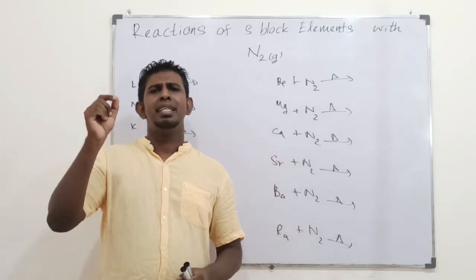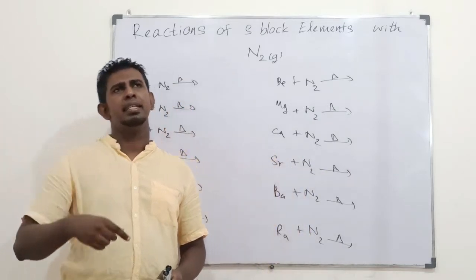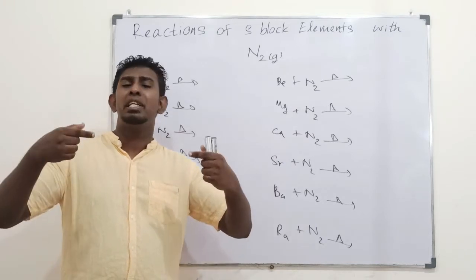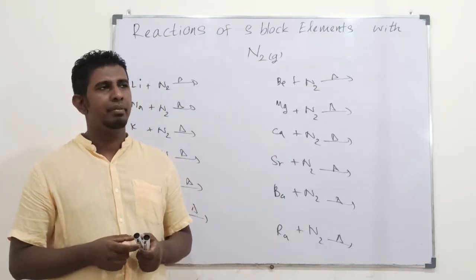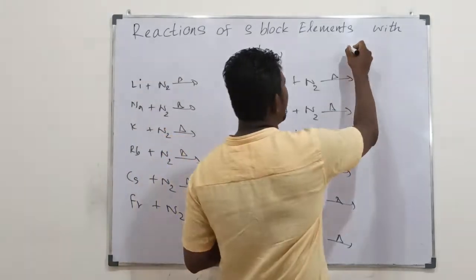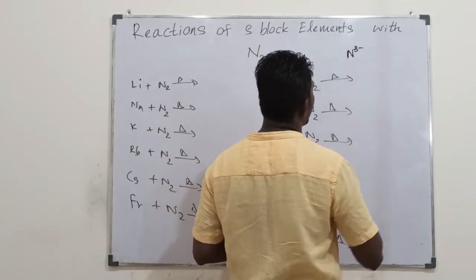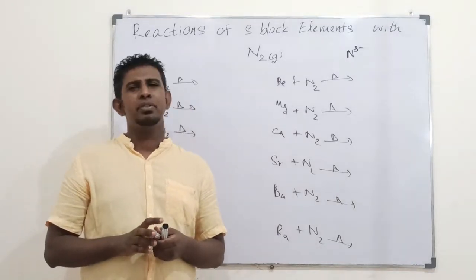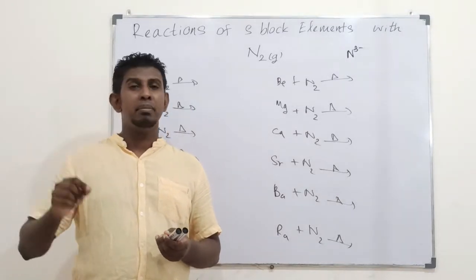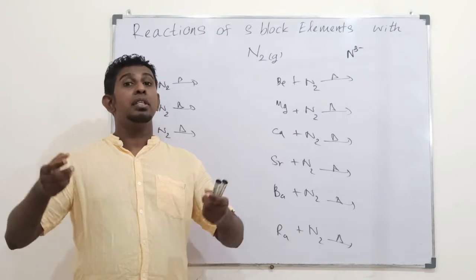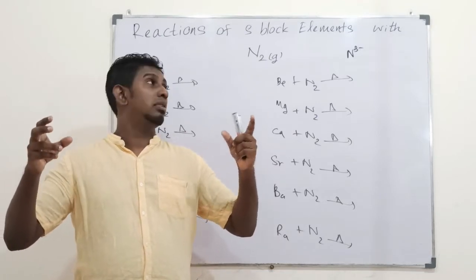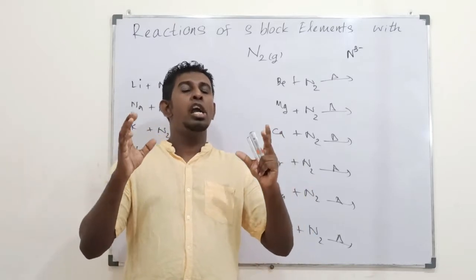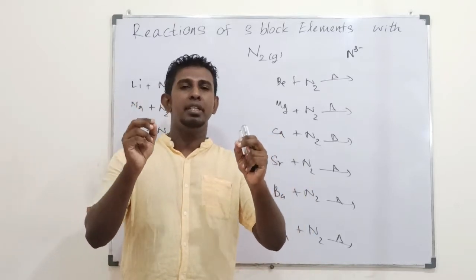Then students, nitrogen needs to gain these electrons to form a negatively charged ion. What's the ion? It's N3 minus. Nitrogen is a second period element, so forming N3 minus, it has a highly negative charge and a high charge density.